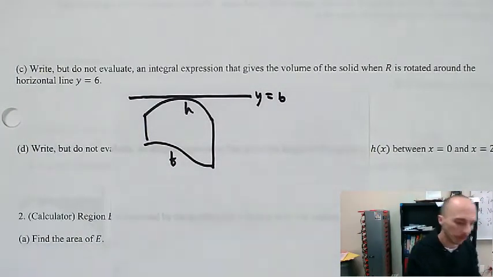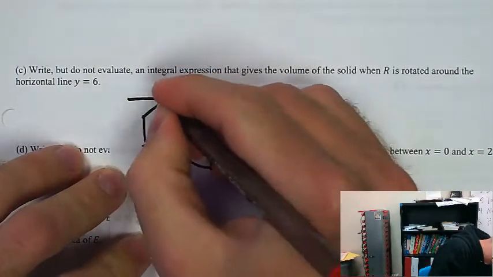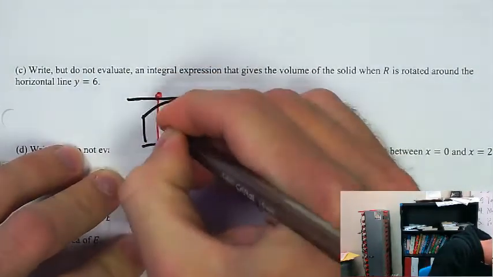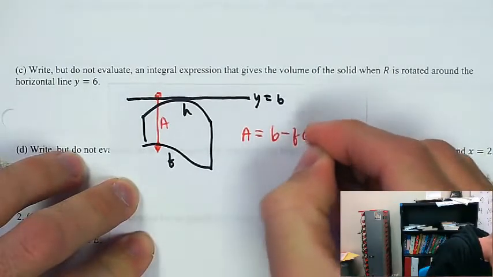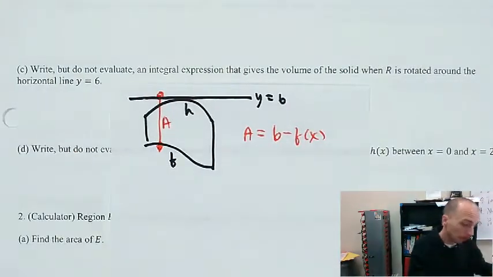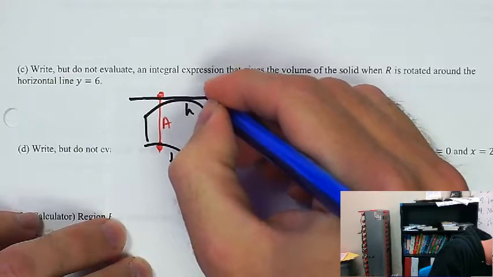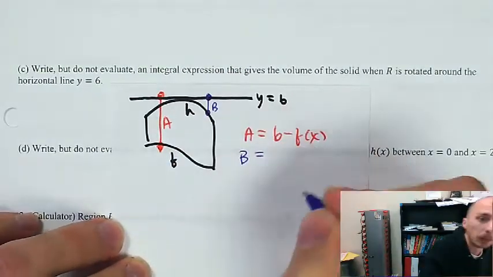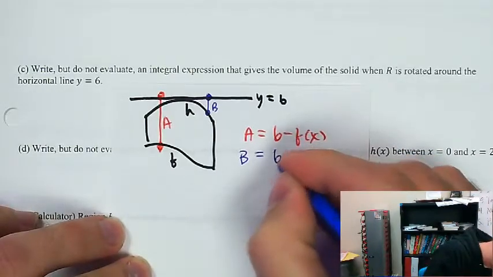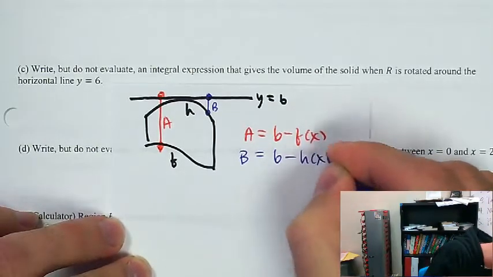And so I'm going to start from the axis of rotation, and I'm going to reach the far edge of the region I'm rotating, and that will make my large radius. Top minus bottom, 6 minus f of x. Okay, then I'll get my small radius, that'd be top minus bottom. Top is y equals 6, bottom is y equals h of x.